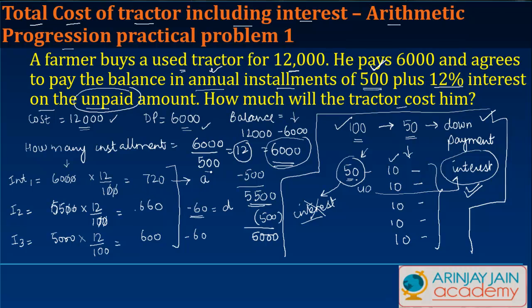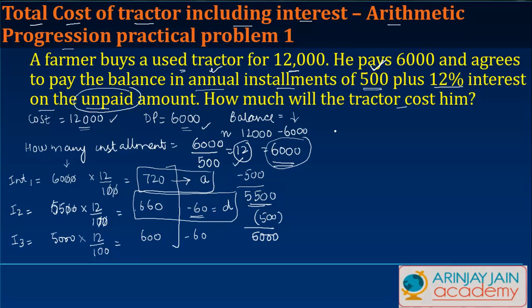So I know A, I know D. How many installments does he have to pay? He has to pay 12 installments, so I also know N. Can I find out the sum of this arithmetic progression? And the sum is going to give me the amount of interest. So let me just clear some space.